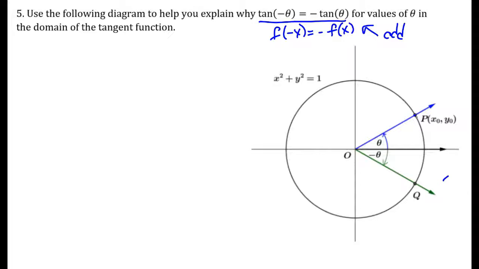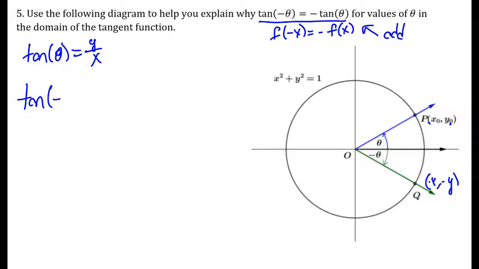Theta intersects the unit circle at the point x, y. The reference angle is still theta, but in quadrant 4, my x's are positive and my y's are negative. So this is the point x comma negative y. We know tan of theta is sine over cosine, y over x.